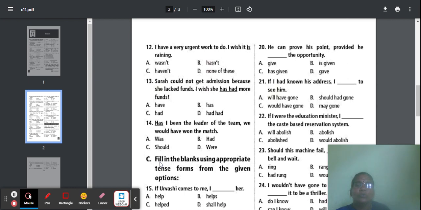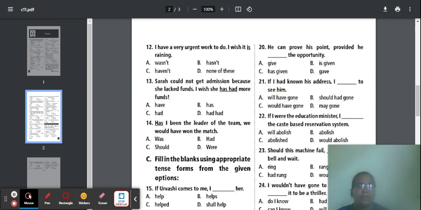Next, section C, filling the blanks using appropriate tense forms from the given options. Question number 15. If Urvashi comes to me, I dash her. Listen, my dear. So, what will be the answer? If you work hard, you will pass.